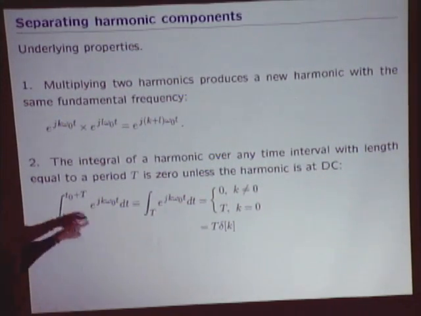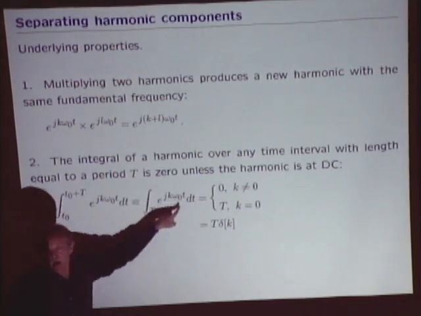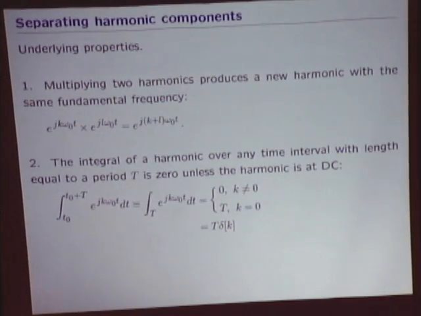If you integrate over the period T, any harmonic signal, then there's only two possible answers. If you integrate e to the jk omega naught t over one period of omega naught, there will be k periods in there. So if k is a number other than 0, you'll have complete periods of a sine wave.